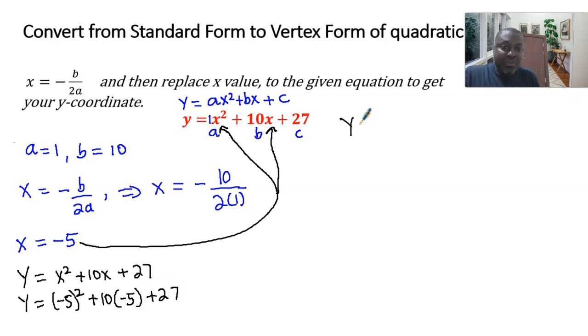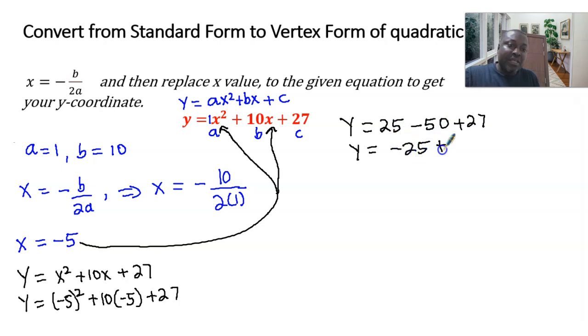When we do that, negative 5 all squared means negative 5 times negative 5, which gives us positive 25. 10 times negative 5 gives us negative 50. Plus 27. 25 minus 50 is negative 25, and plus 27 gives us positive 2. So now our vertex is x equals negative 5 and y equals 2.